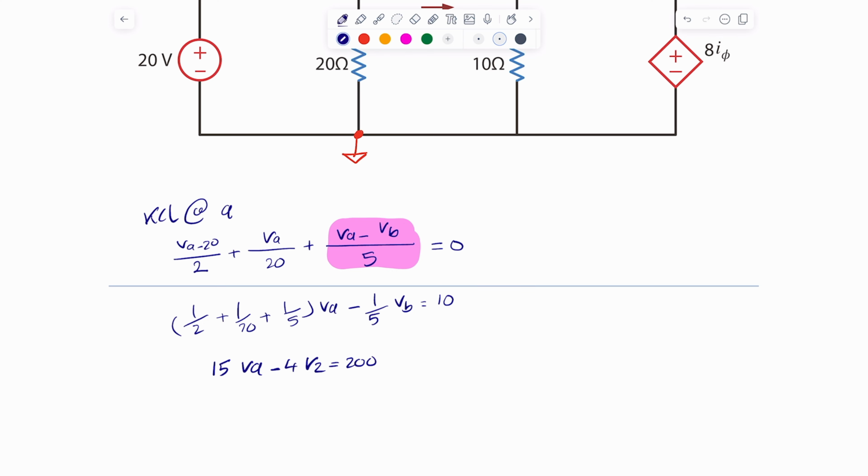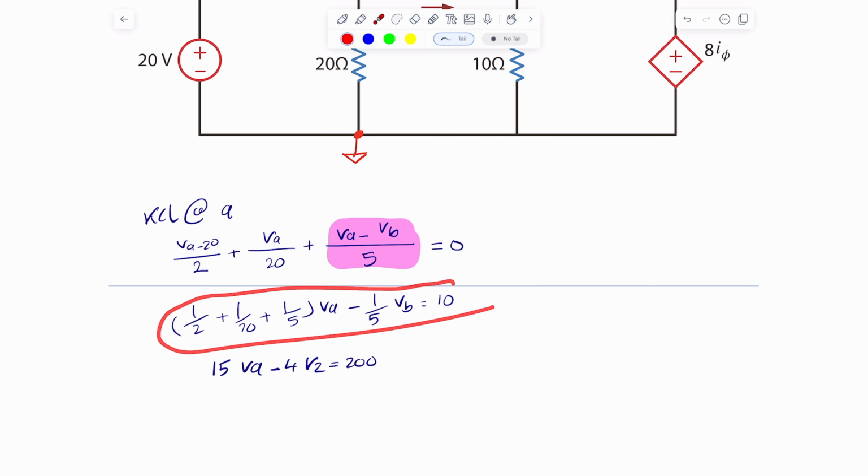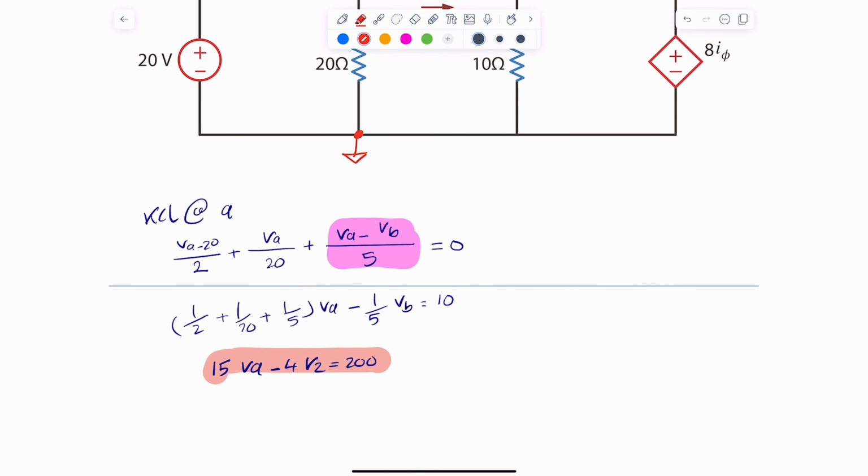If you multiply both sides by 20, you'll get this particular answer. This is the first equation. I wrote it as V2, but it shouldn't be V2, it should be VB in here. All right, let me fix that. And that's my first equation.